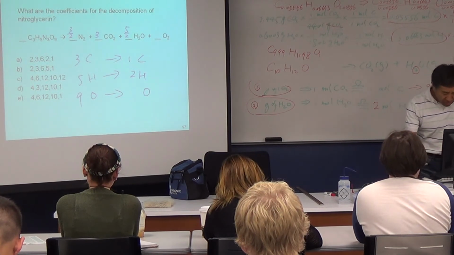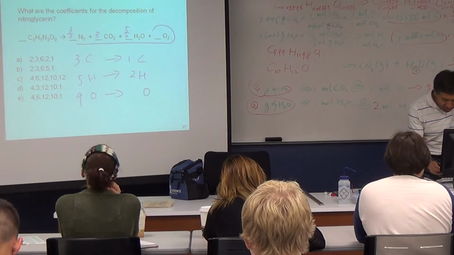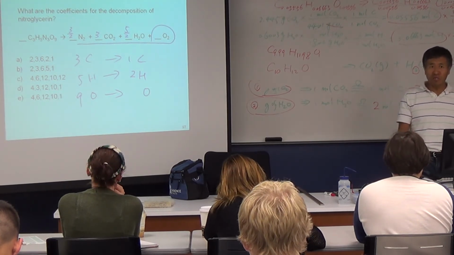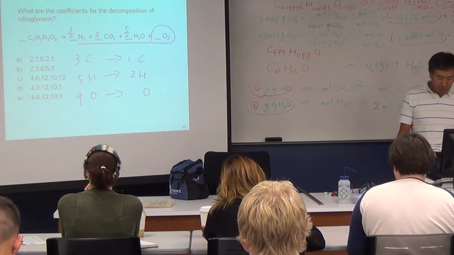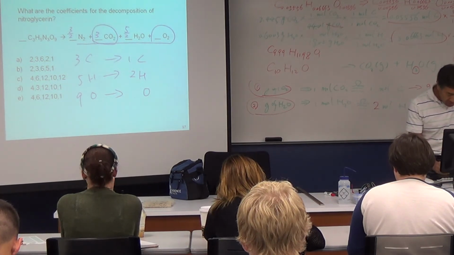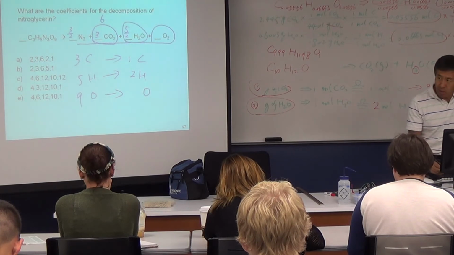Right, now how many O right now on this side? Forget about this one first, because this one is the one you can tune. You can tune it to add up together to get the total number. Now before this one, how many do we have? How many do we have from this one? Very good, 6. How many from this one? 2.5.